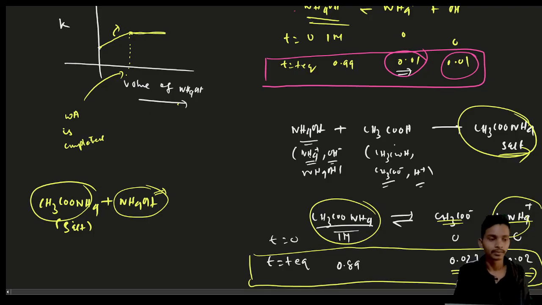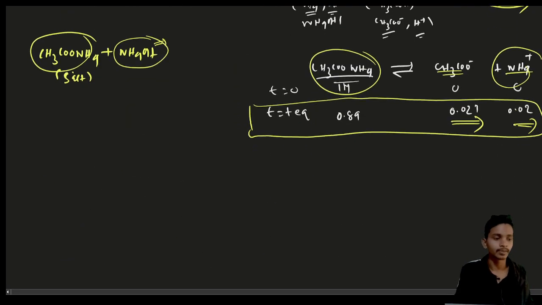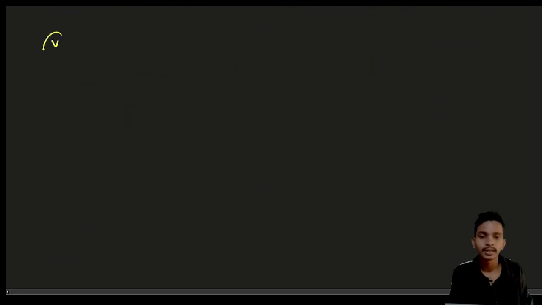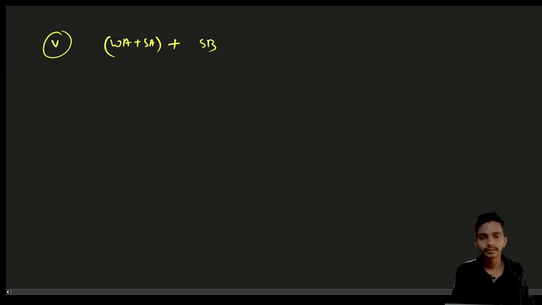Okay, so now the next thing, that is the last case: if you have weak acid plus strong acid, plus we are adding a strong base. So in the solution, what is there?